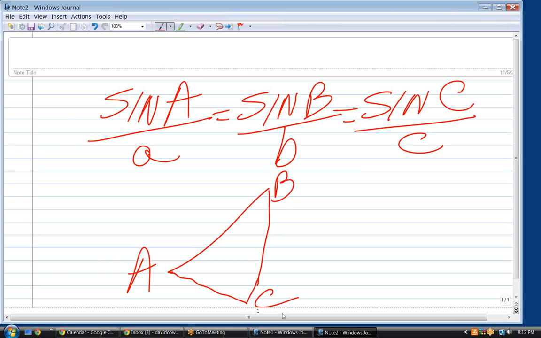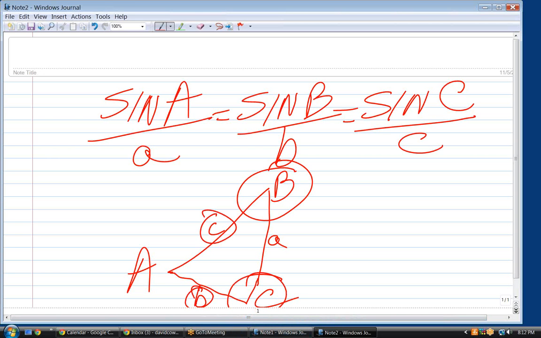If this little side is C, and this little side is A, and this side is B, then no matter what the angles are in that triangle, the sine of this big angle A divided by its opposite side is a constant. It's the same as the sine of that angle divided by its side, which is the same as the sine of that angle divided by that side.